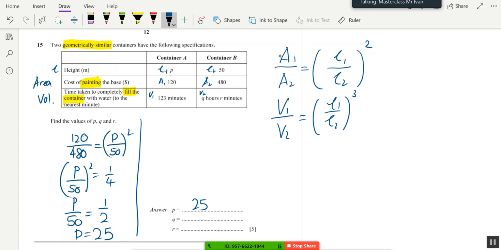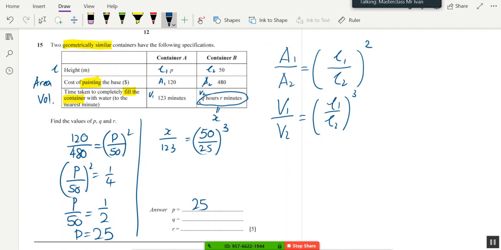Same thing. V1 is 123. In this case, I can use V2 over V1, no problem. So maybe let this guy be equals to X. X over 123 is equals to 50 over 25, bracket, cube, because water is talking about volume.